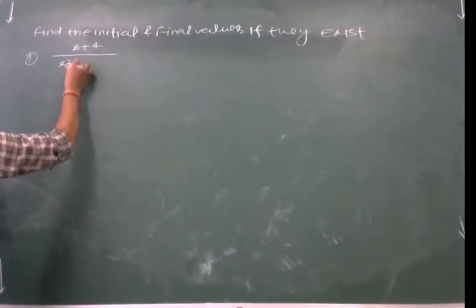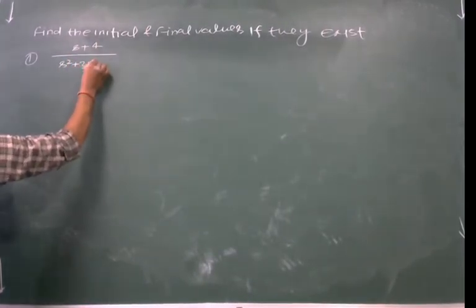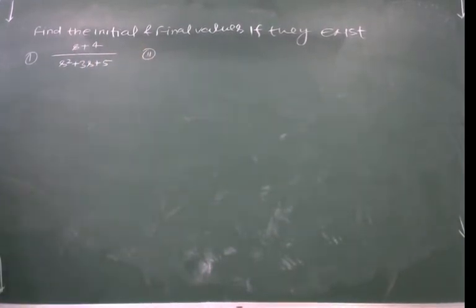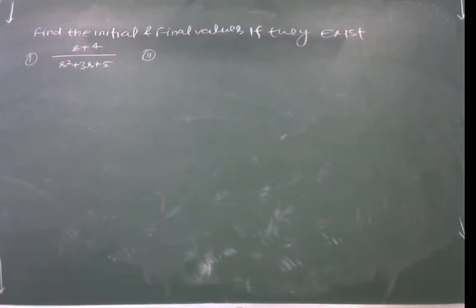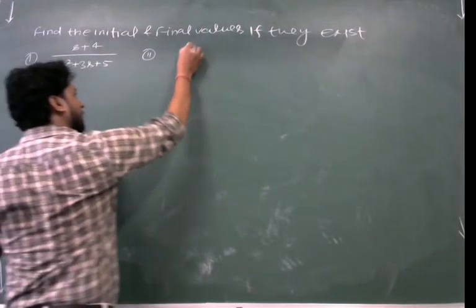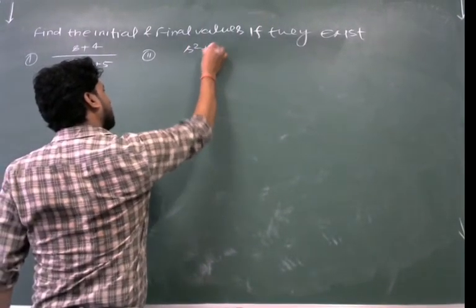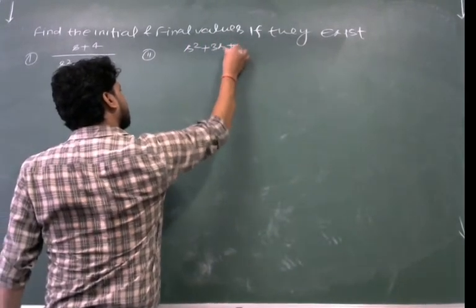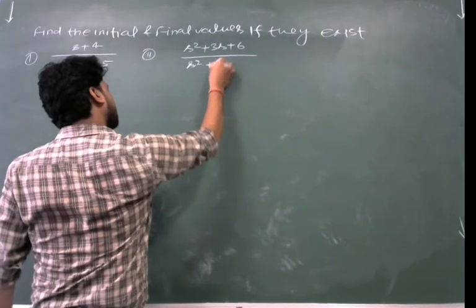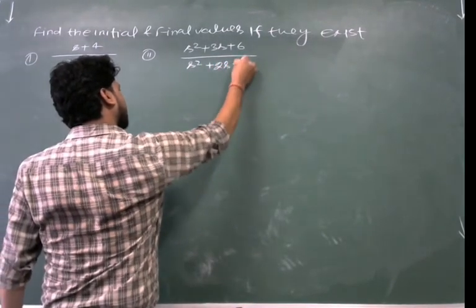The second one is s square plus 3s plus 6 upon s square plus 2s plus 3.